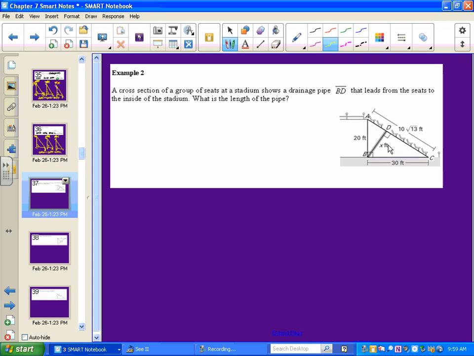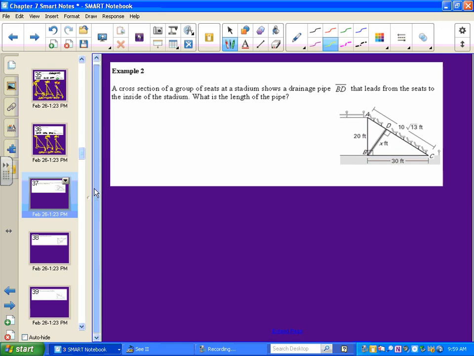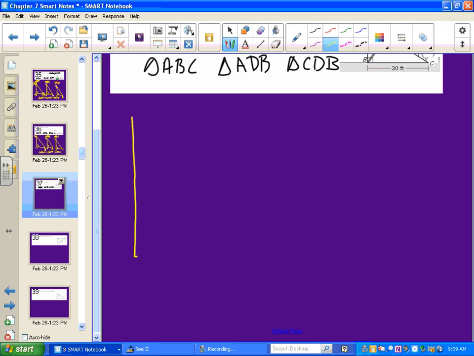Now, in order to solve for x, we have to separate these triangles and set up some sort of proportion, because when we separate these three triangles, remember, they're going to be similar. So, separating these triangles, we have triangle ABC, triangle ADB, and triangle CDB.